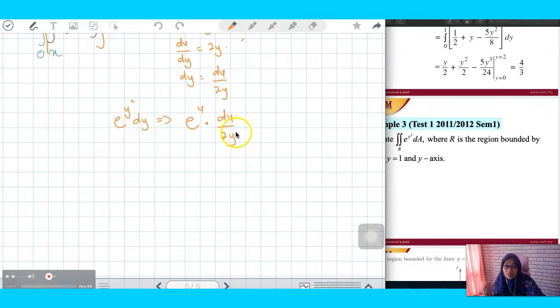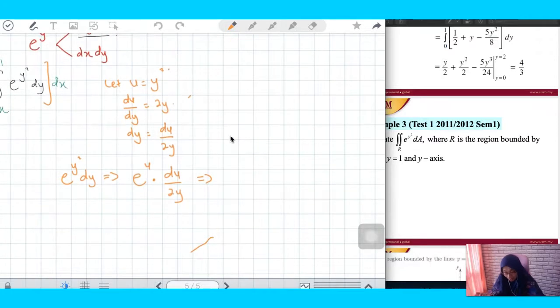If the only thing left is in terms of u, then you can proceed to integrate with respect to u. But now your y is still there. So what should we do next? You have to try to eliminate the y by using any possible technique. Maybe you can rearrange, so your y is plus minus square root of u.